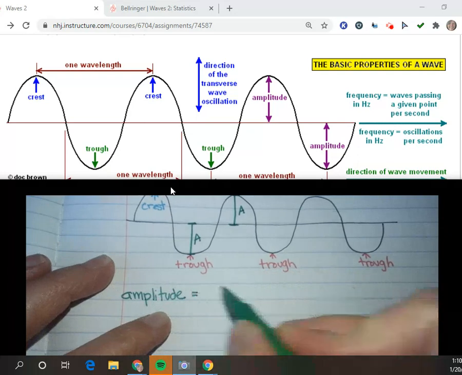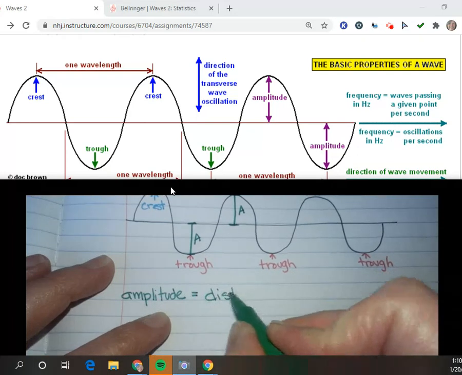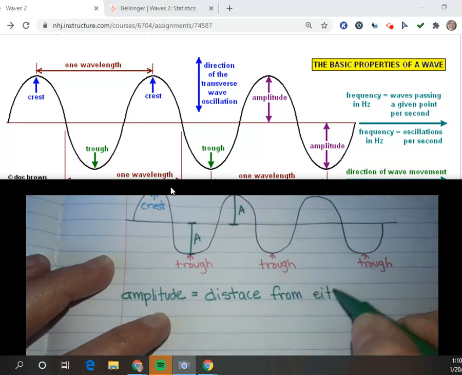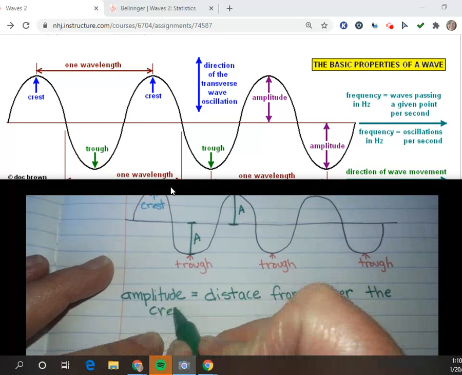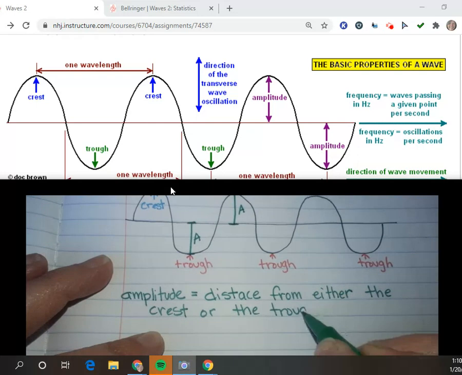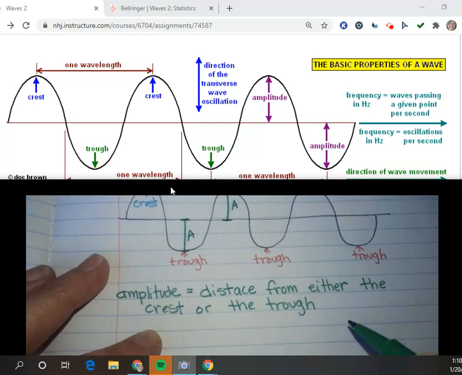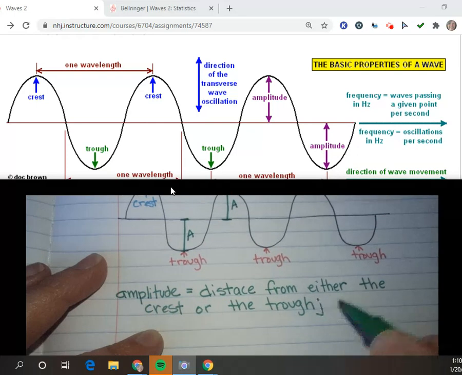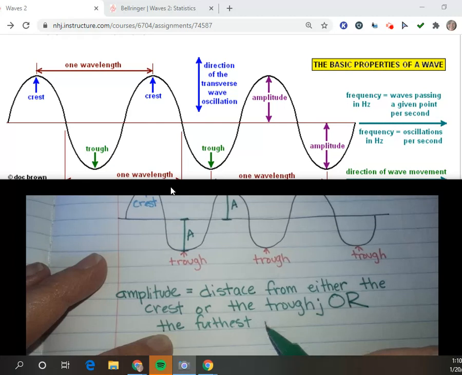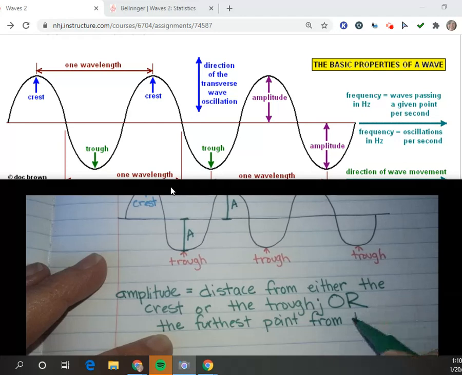Amplitude is the distance from either the crest or the trough, or the furthest point from the midline.